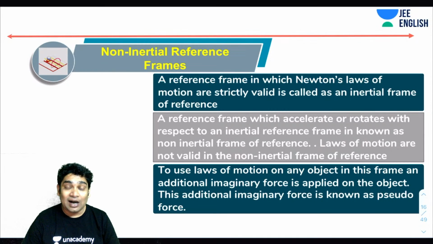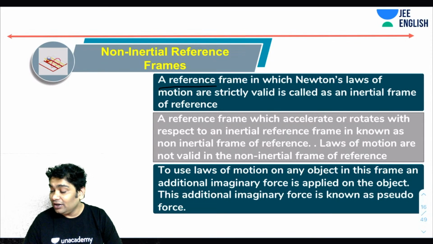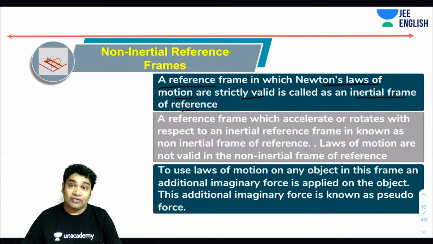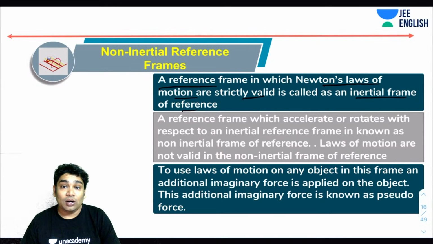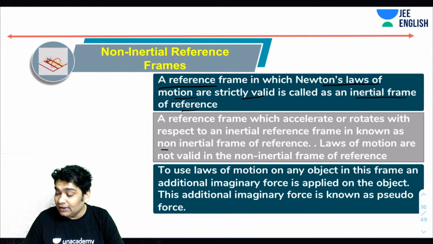Now Newton's laws are only strictly valid in inertial reference frames. So a reference frame in which Newton's laws of motion are strictly valid is called an inertial reference frame. Now, a reference frame which accelerates or rotates with respect to an inertial reference frame is called a non-inertial reference frame. Okay, and in this reference frame, Newton's laws stop being valid.